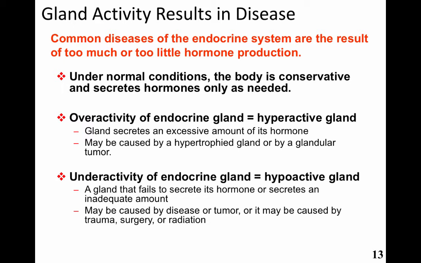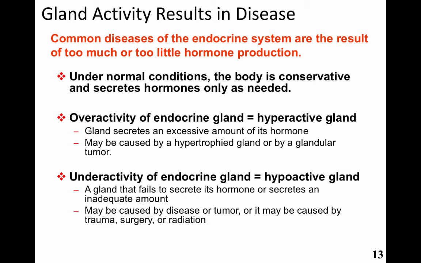This may be caused by a hypertrophic gland or by a glandular tumor, right? Hypoactivity is when the gland is failing to secrete the hormone in adequate amounts. This may be caused by disease or tumor, or by something like trauma where the cells are malfunctioning or not working at all anymore, surgery, or radiation.